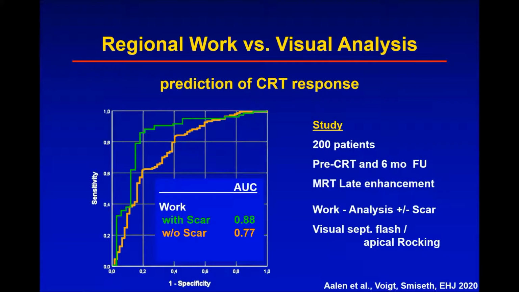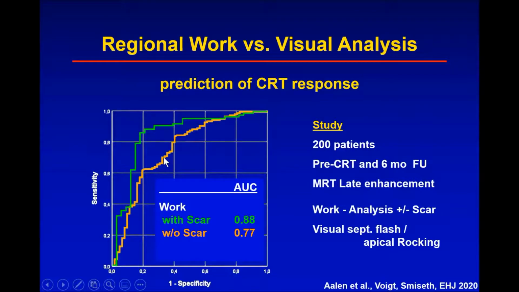And when we look at this work difference, then we can see that the work difference before CRT is a good predictor of CRT outcome. You see here the orange line, which is not considering the scar in the septum, and this has a reasonable or good area under the curve of 0.77.